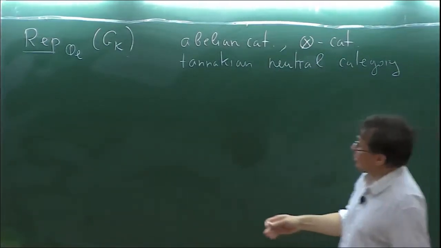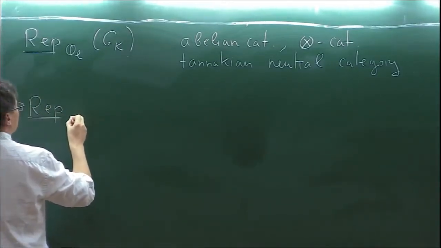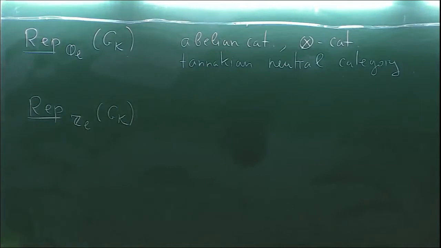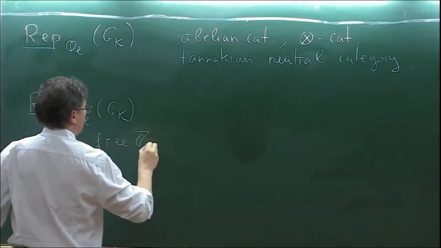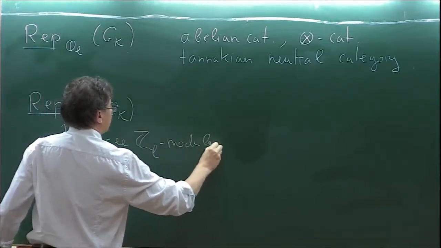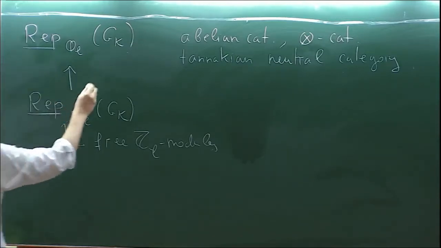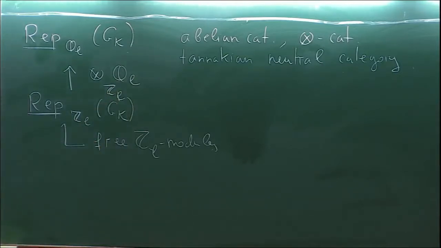Okay, and we have the category of integral l-adic representations, given by free Z_l modules equipped with Galois action, and we have a natural functor from this category to that one, which is a tensor product, the extension of scalars from Z_l to Q_l.